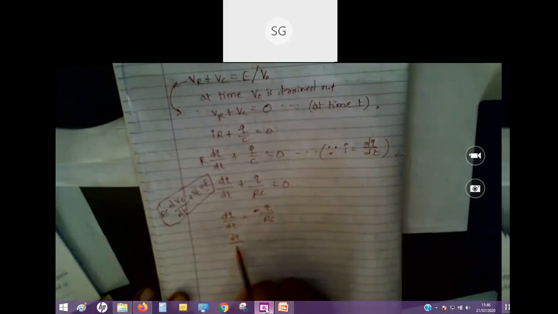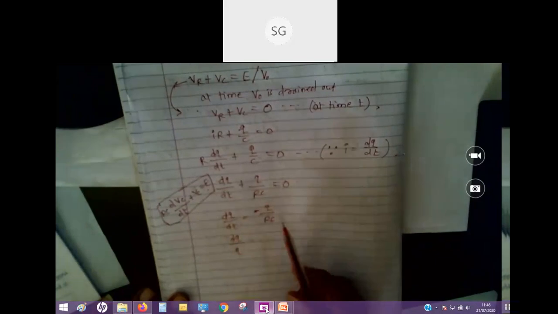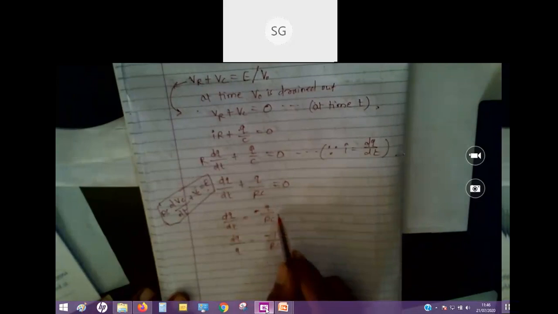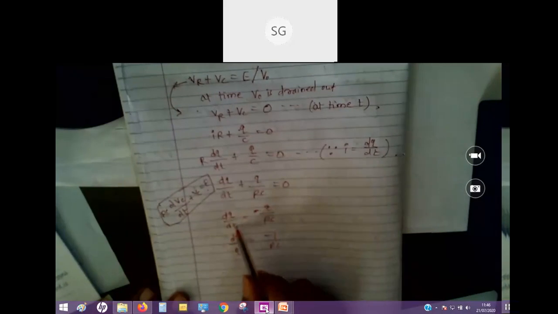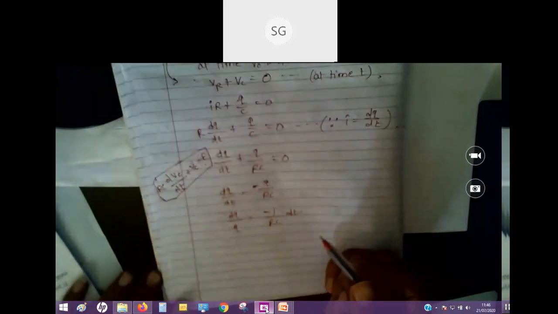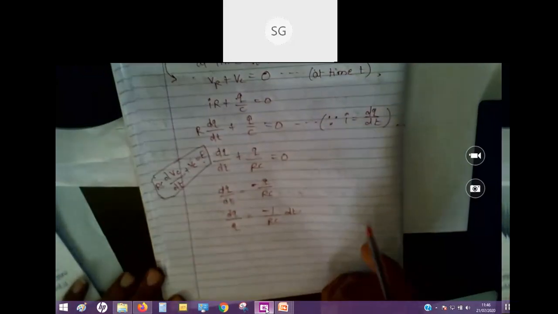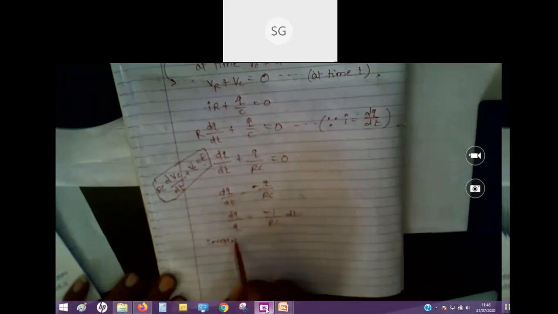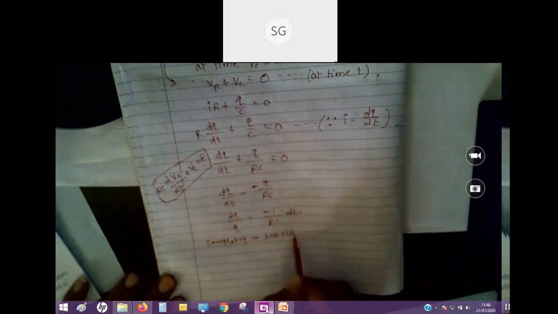So dq by q is equal to minus 1 upon RC into dt. We brought this q here and dt here. This can be the step. Now integrating on both sides.